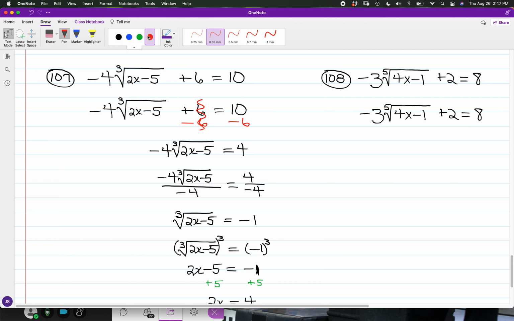And just taking what we have now. If I isolate the radical, just like I did over here, I can undo the presence of addition. In this case, I'm taking out this time 2. So I now have -3 times the fifth root of 4x minus 1 is equal to, and 8 minus 2 is going to be 6.